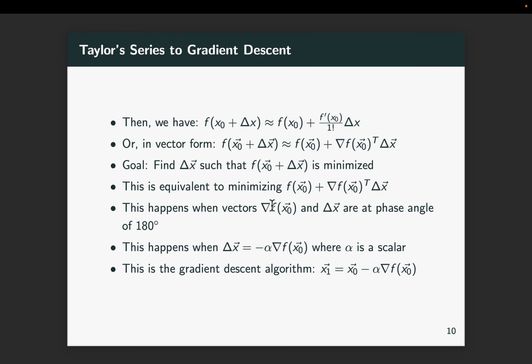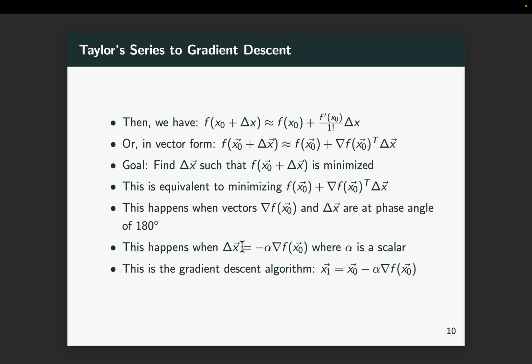If they are 180 degrees apart, the dot product is -1. So what we will be saying is that delta x is some minus alpha times the gradient of f evaluated at x naught, right. We have said that delta x is in the opposite direction of the gradient of f evaluated at x naught. We are not talking about the magnitudes, we are just saying it's in the opposite direction.